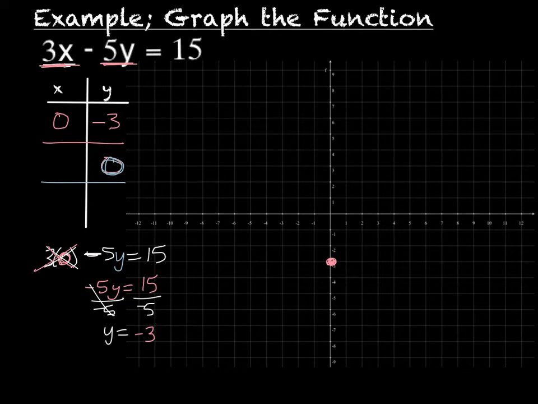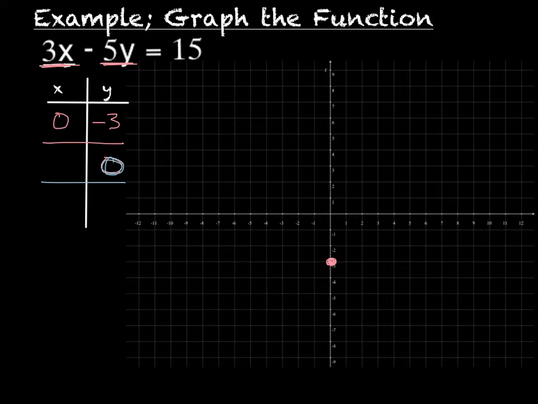Now the other part, if I put in 0 for the y instead of for the x, so that would be 3 times my x minus 5 times 0, because we're putting 0 in for y, equals 15. So that negative 5 times 0 is going to cancel out to 0, leaving me with 3x equals 15.